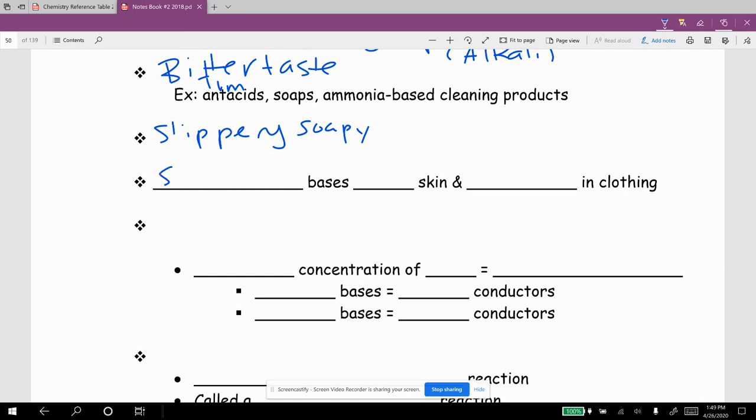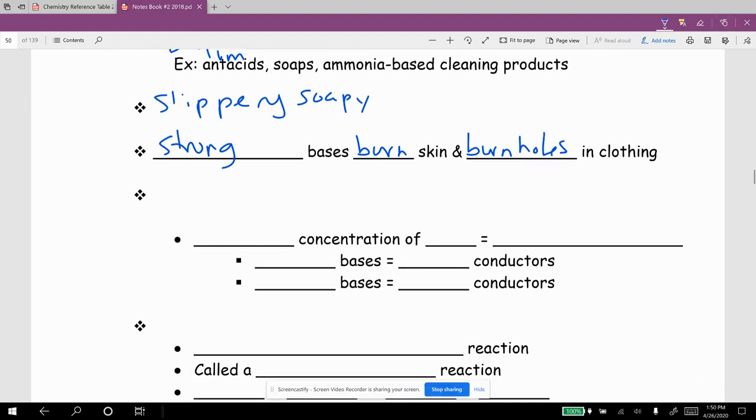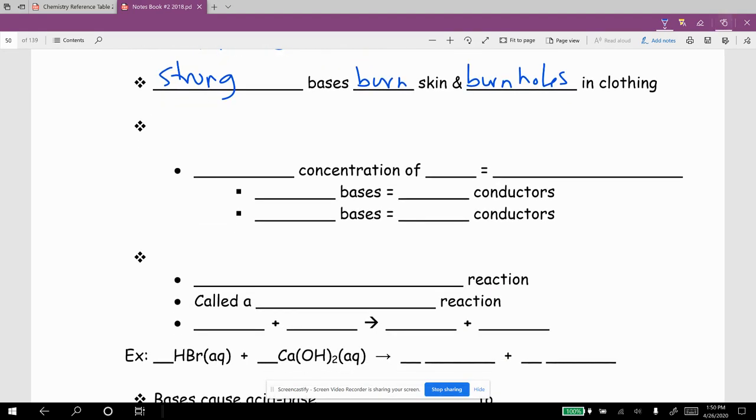Bases are also similar to acids, and strong bases are going to burn skin and burn holes in clothing. People tend to think that acids are more dangerous than bases, but that's not exactly true. Bases can be very dangerous, especially because bases are going to react with the fats in your skin, and they're much harder to wash off than an acid.